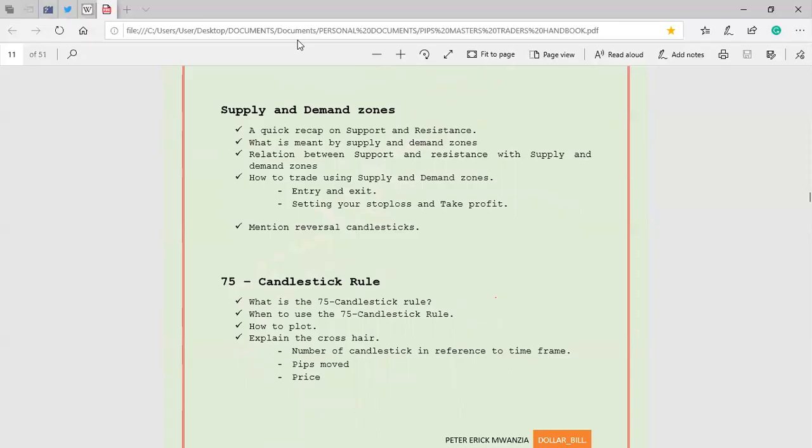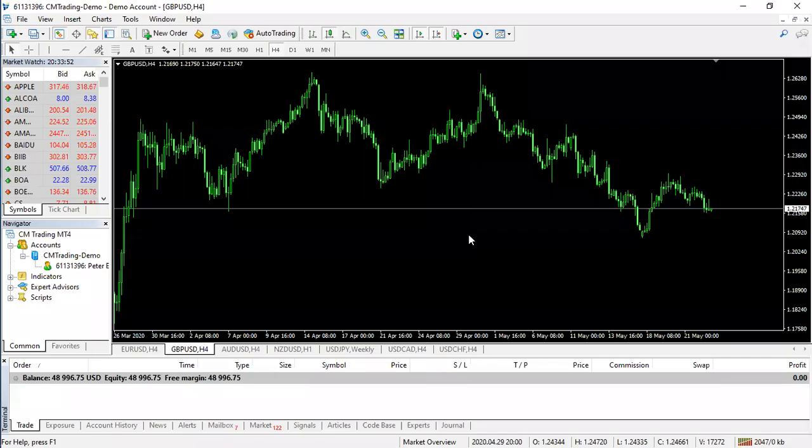The first thing is we're going to open our charts, okay? So by now, I hope you guys are comfortable with opening orders, drawing trend lines, drawing supports and resistance. So we said if you want to draw support and resistance, you use this horizontal line. So drop it anywhere.